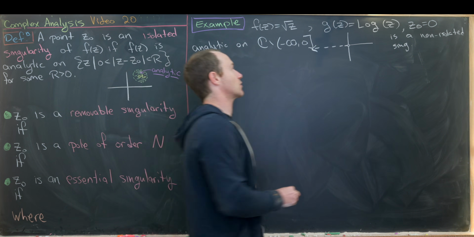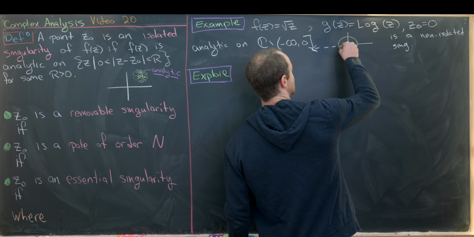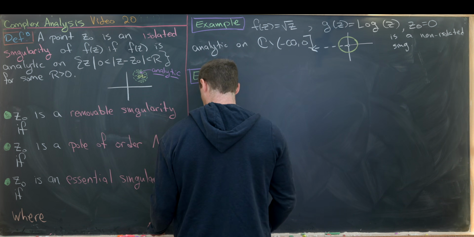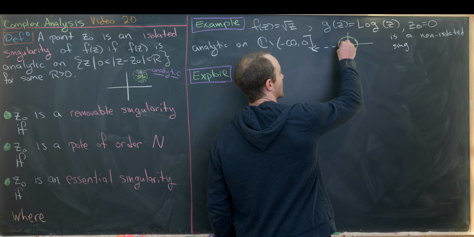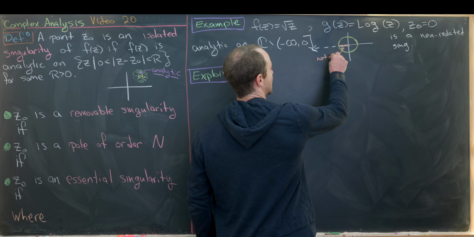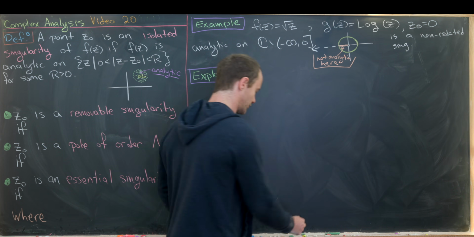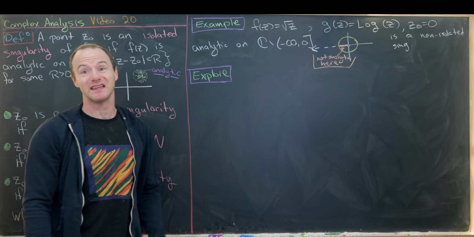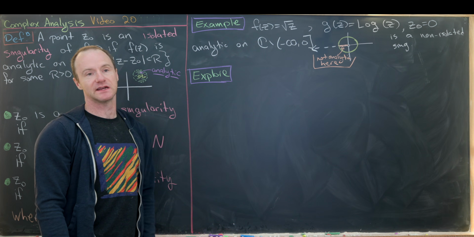That's because if we take any radius around z equals 0, it will most definitely include some points right here on which the function is not analytic. So not analytic here, and that's by stuff we had done in previous videos. Just to reiterate, that makes z equals 0, in other words the origin, a non-isolated singularity.